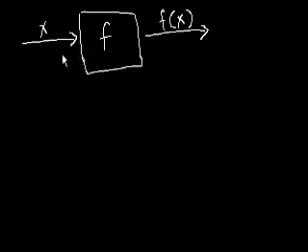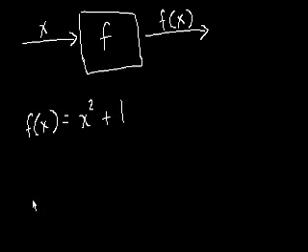Now I know this terminology might seem a little confusing at first, but let's define what's inside the box in different ways. Let's say that f of x is equal to x squared plus 1.